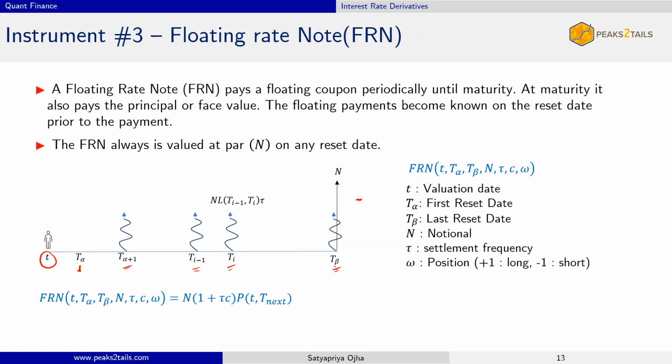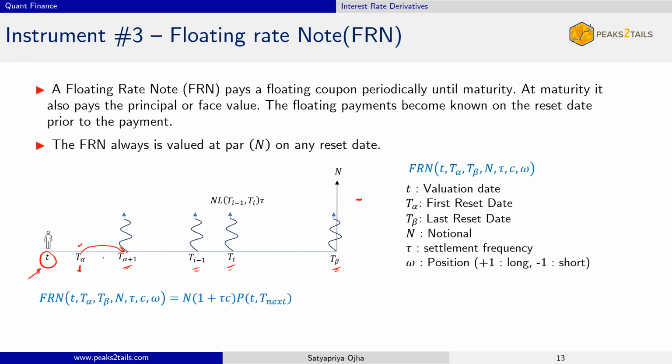Now, how does it work? Your first coupon payment is on T alpha plus 1. That's a floating coupon. Before T alpha, you have no idea what that coupon amount would be. Once you arrive at T alpha, the first reset date, you see the rate that is available. It is no longer random.